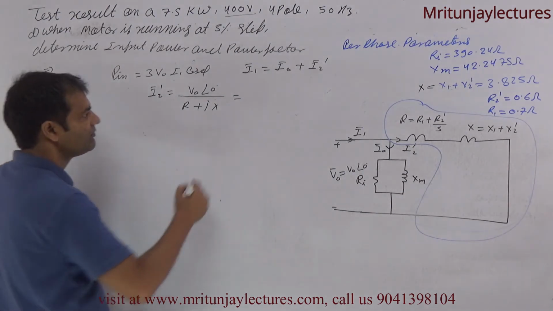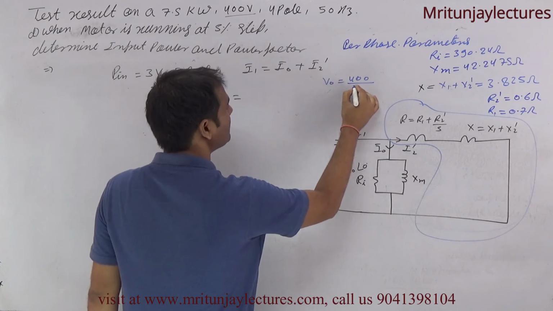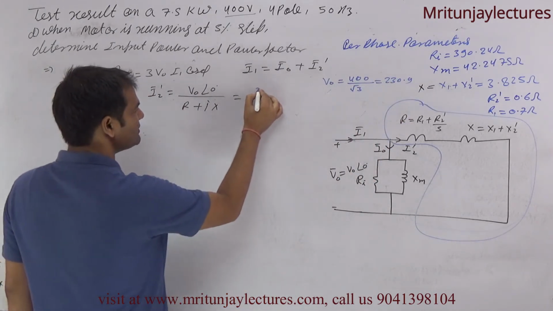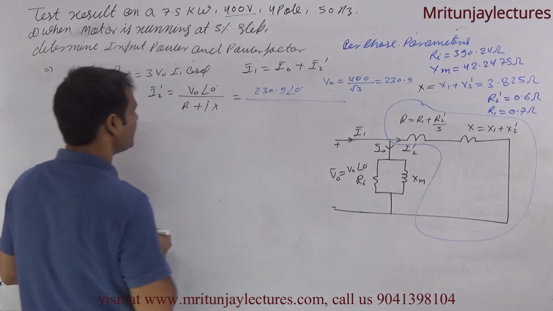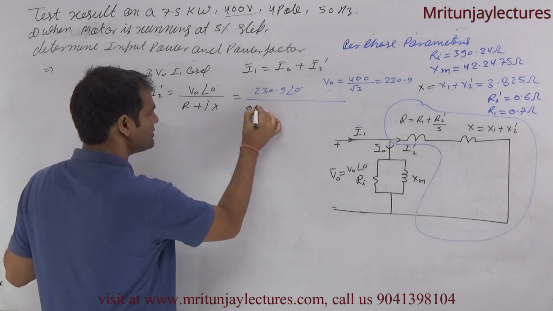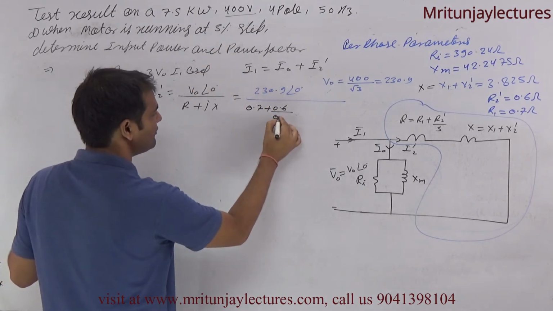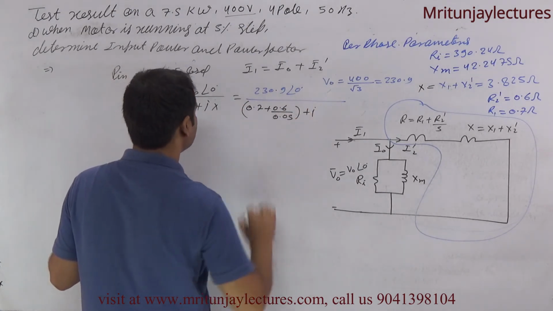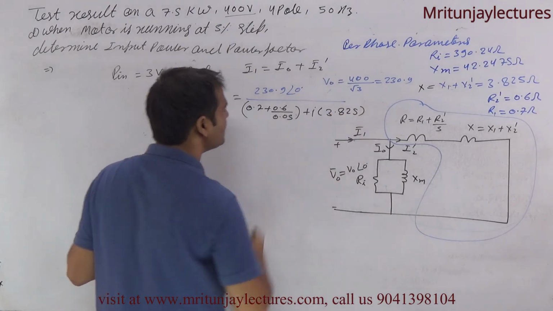V naught is 400 divided by root 3, that is 230.9 at the angle 0, divided by R, which is 0.7 plus 0.6 divided by slip 0.05, plus j X, that is 3.825.